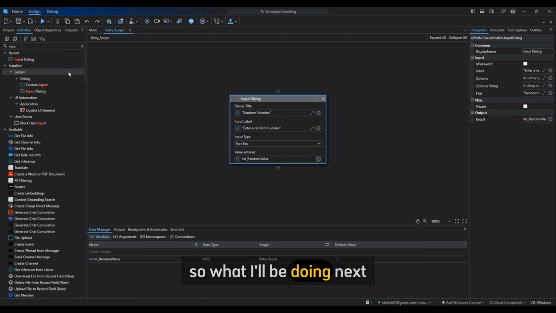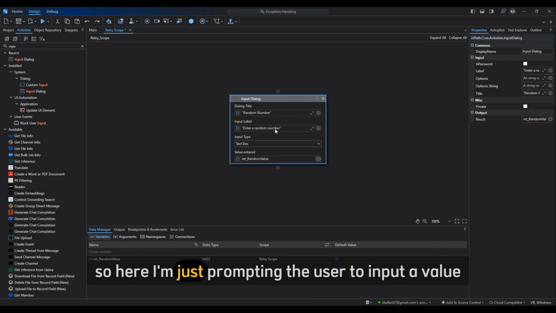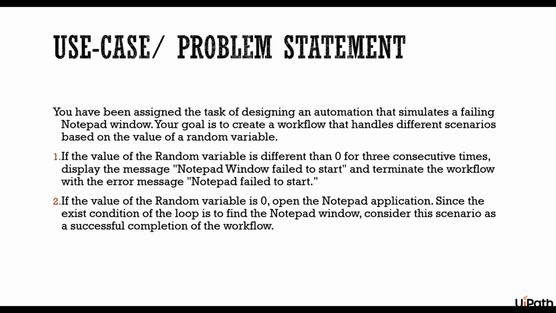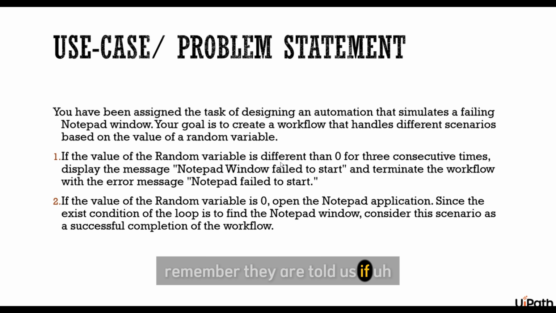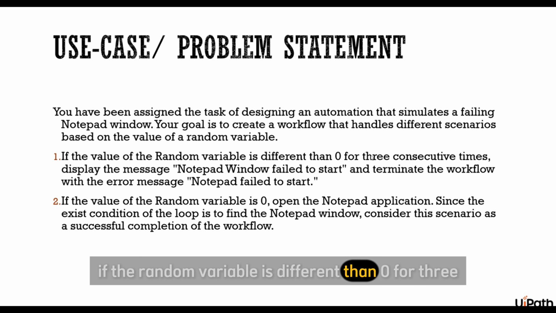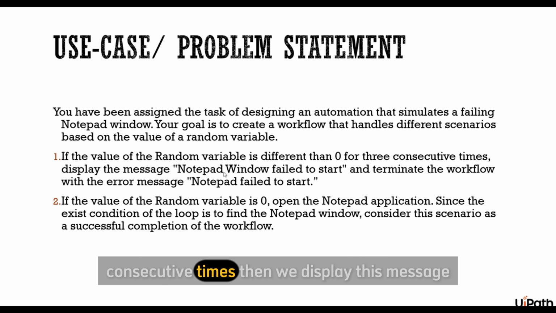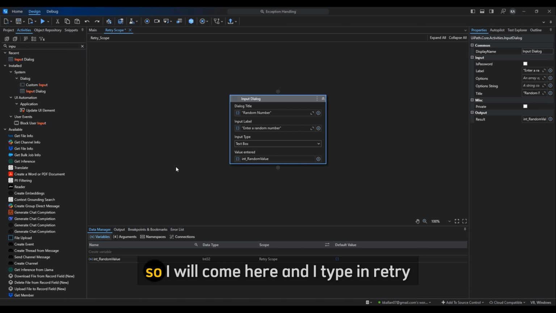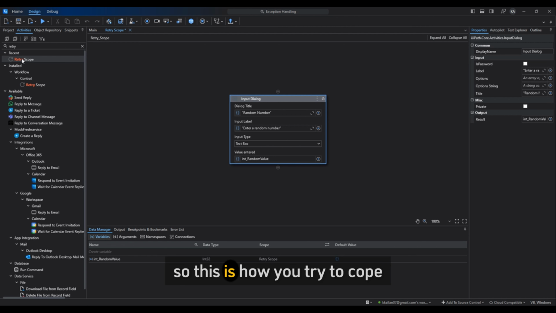Here I'm just prompting the user to input a value. Remember, they told us if the random variable is different than 0 for 3 consecutive times, then we display this message. So I will come here and type in retry. This is our Retry Scope.